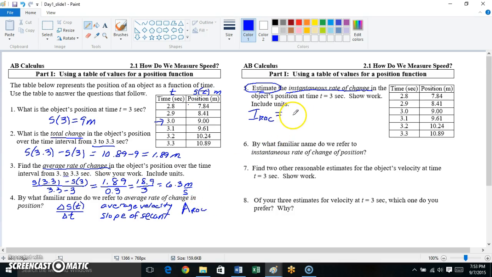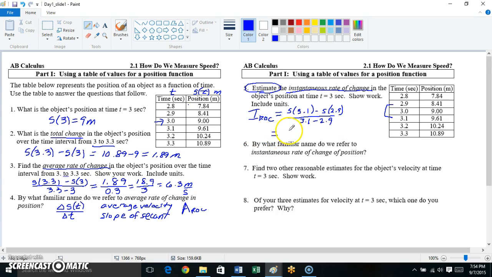Okay, so what we're going to do is we're going to take a look at an interval surrounding 3 seconds, using the point just before 3 and just after 3, or just to the left and just to the right. So we're going to take a look at S of 3.1 minus S of 2.9, and the change in time, 3.1 minus 2.9.